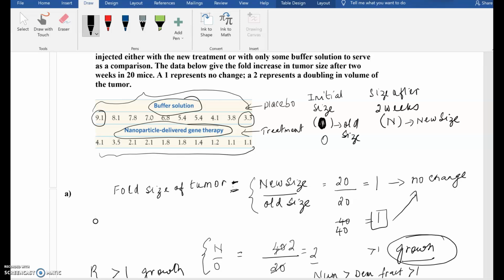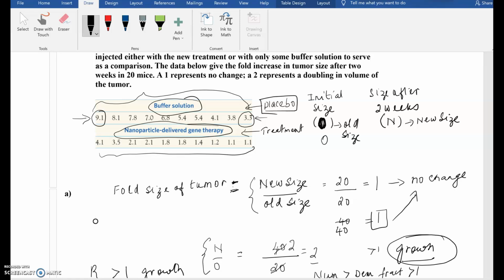It's anywhere between 3.3 and 9.1, which is pretty high, because this tells us that at a minimum, the tumors tripled in size. 3 means tripling in size. And the largest tumor was a tumor that was 9 times the original size. So that is a lot of growth. So the tumors continued to grow when the tumors were injected with the placebo.